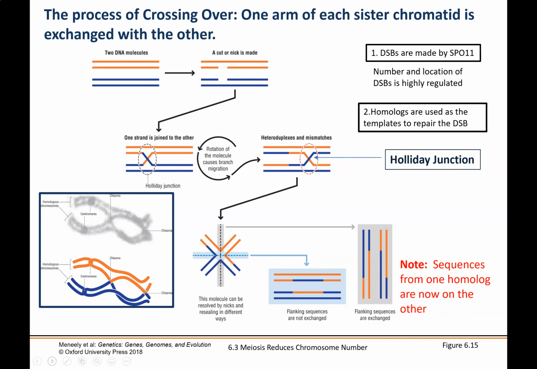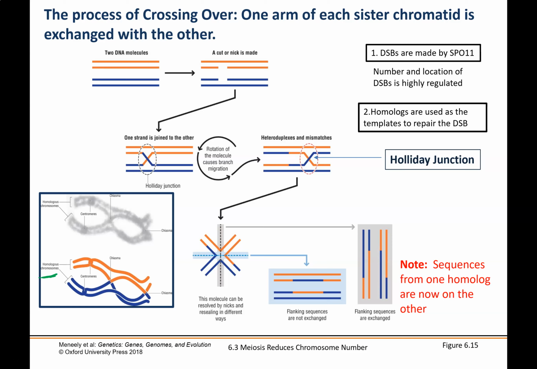So this process of crossing over occurs in a couple of steps. It looks a bit complicated, but it's actually a pretty simple idea in general. So I'm going to start down here on the bottom left actually. We start with our pairs of sister chromatids, so our homologous chromosomes.